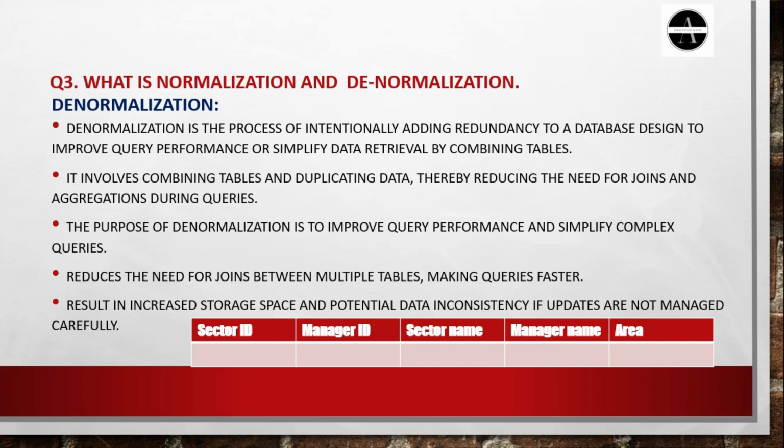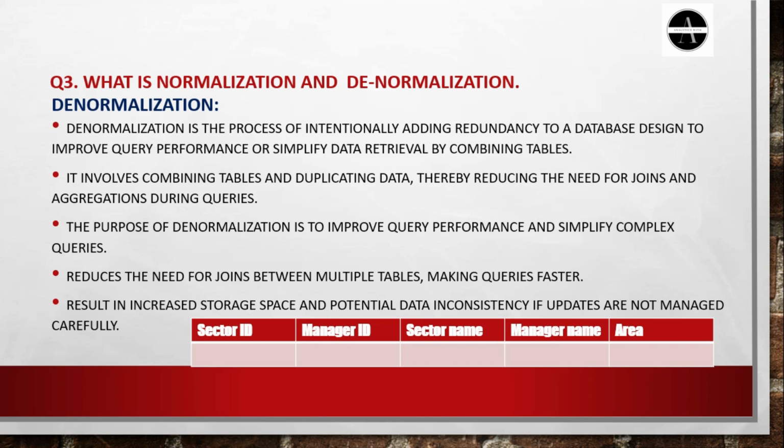The purpose of denormalization is to improve query performance and simplify complex queries. As we are converting it to a larger table, we will get fast query performance. It reduces the need for joins between multiple tables, making queries a little faster.